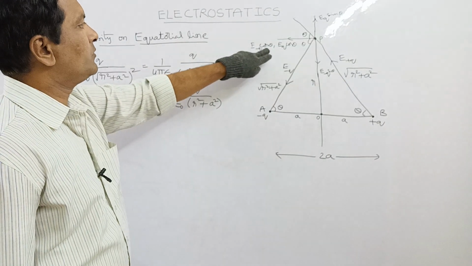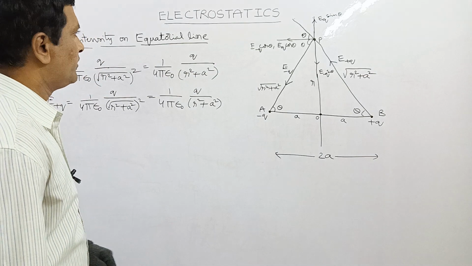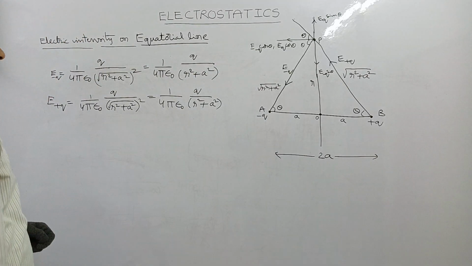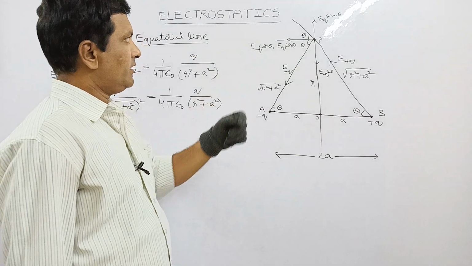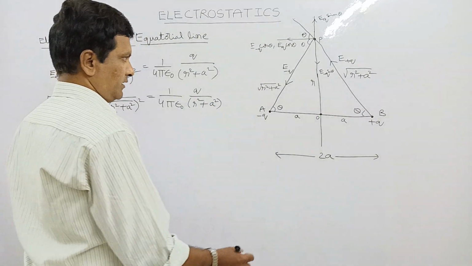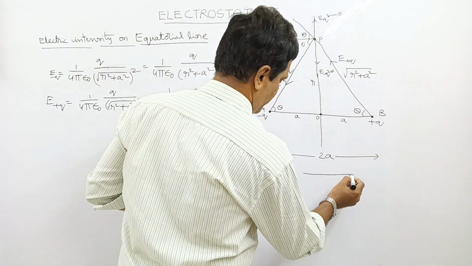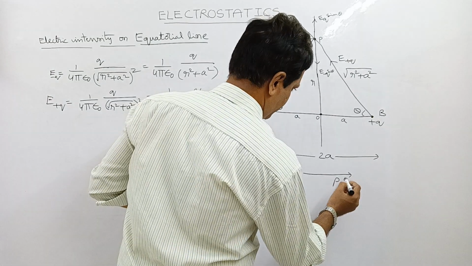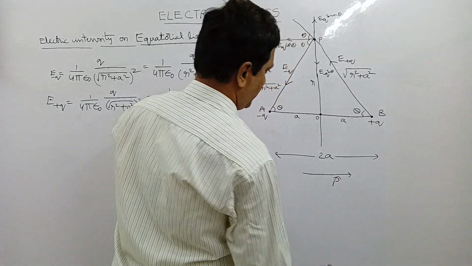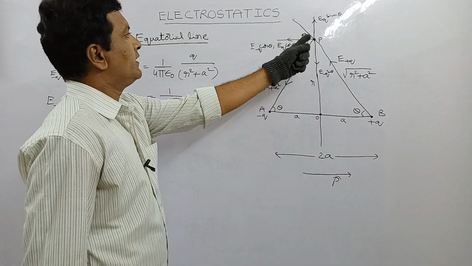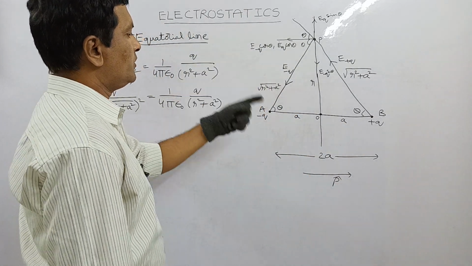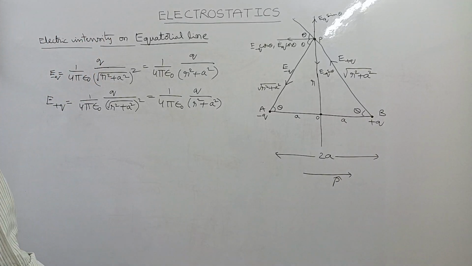E minus Q cos theta, E plus Q cos theta, both will be added up. And this net electric field intensity is opposite to the direction of dipole moment, right? Opposite to the direction of dipole moment will be in this direction, and the net electric field is in the opposite direction to the dipole moment.